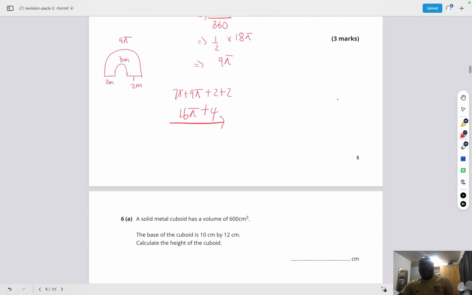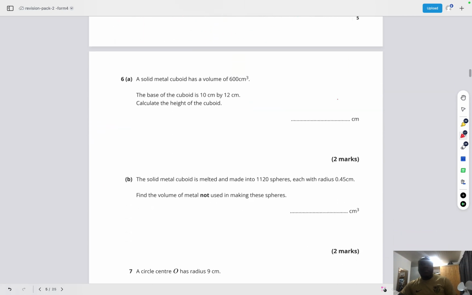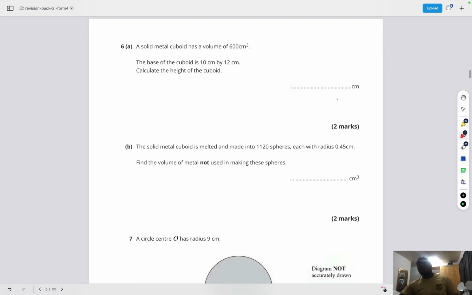All right, then I look at question number 6, which would be the last question on this first segment. They tell us that the base of the solid metal cuboid measures 10 centimeters by 12 centimeters.